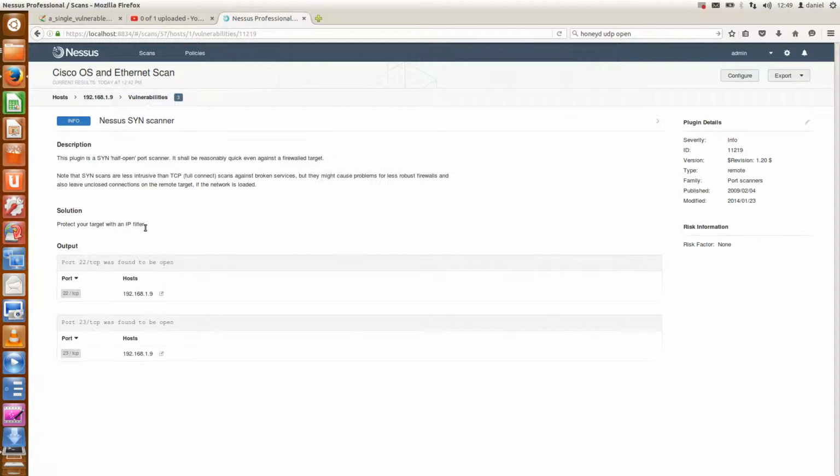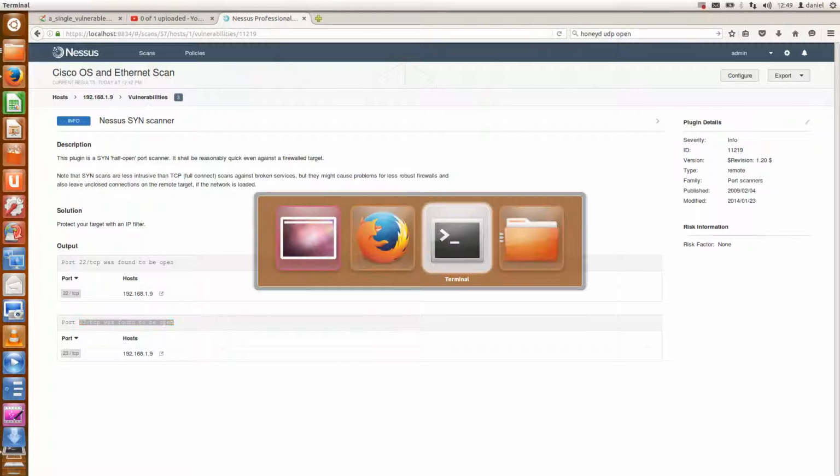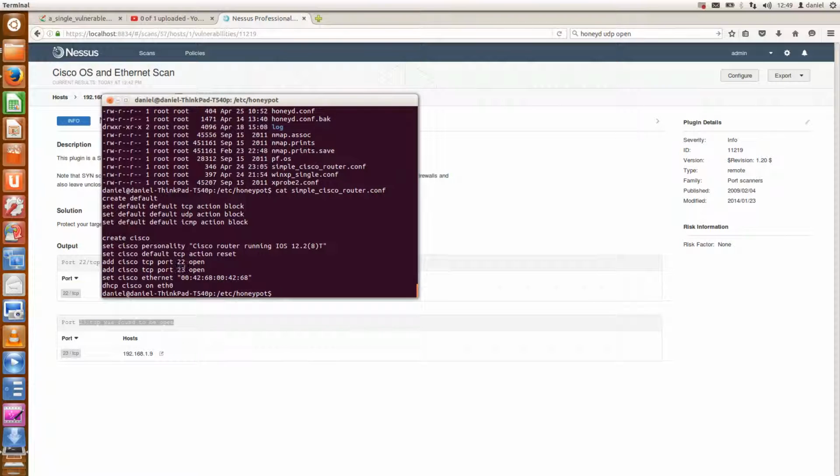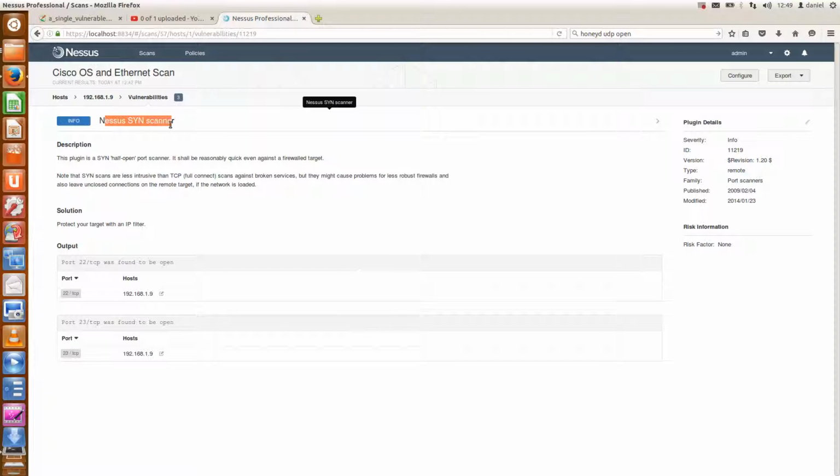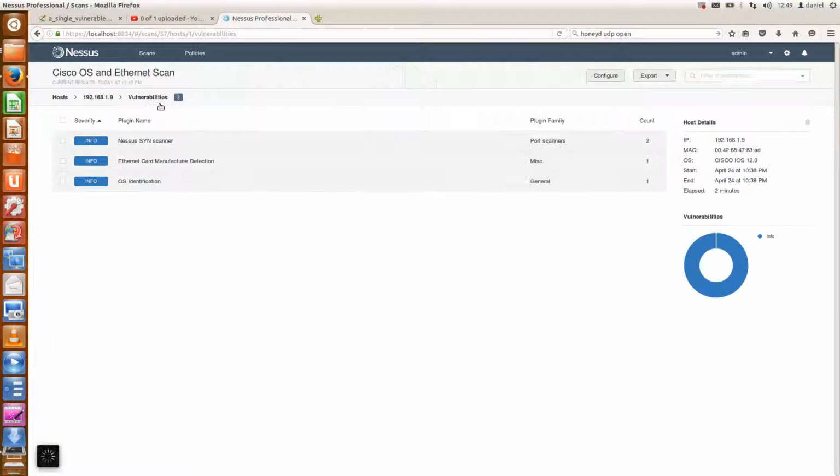It said that port 22 was found to be open as well as port 23. So I had a very successful test in terms of confirming that these ports are open. So that is not a false positive. That's reality. So very happy to see that the Nessus SYN scanner picked up this issue.